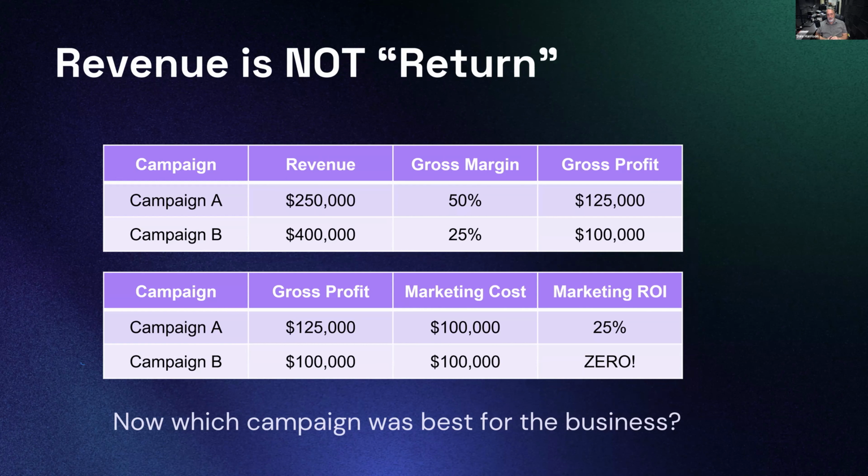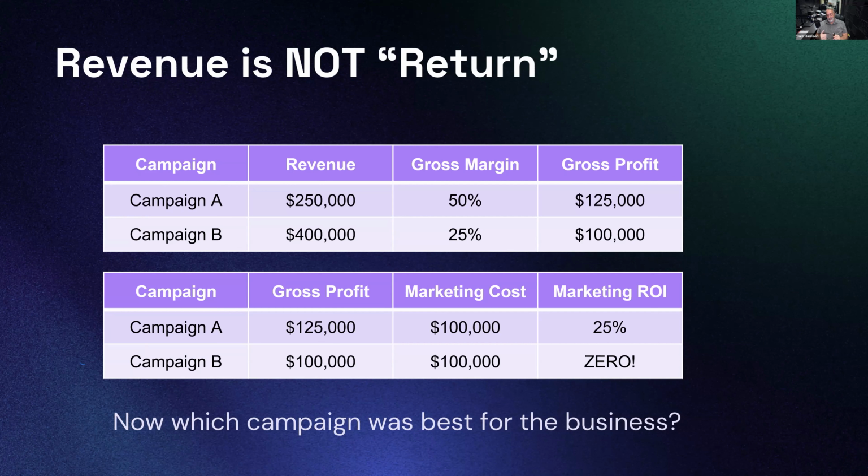So if the underlying product has a 50% gross margin, then that 250,000 allows the company to book 125,000 in profits. The 400,000, if we sell it at half price, we're going to cut our margin in half. And so now of that 400,000, the business only keeps 100,000. So you're actually selling a lot more stuff and putting less money in the bank.